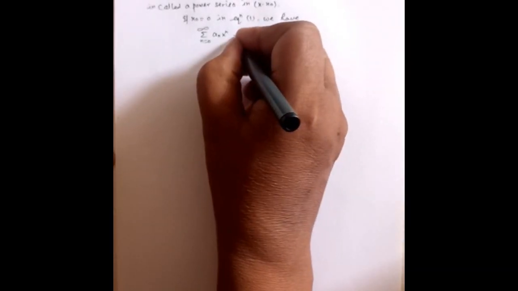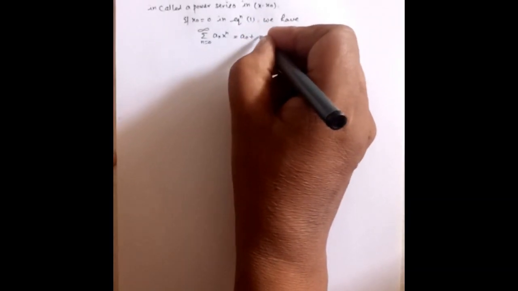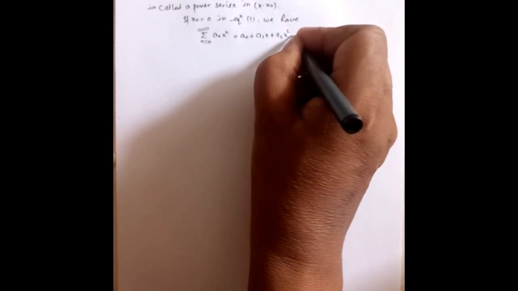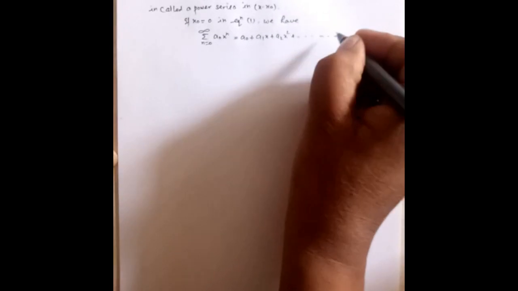This is equal to a naught plus a1 x plus a2 x square plus up to and so on. So this is equation number 2.